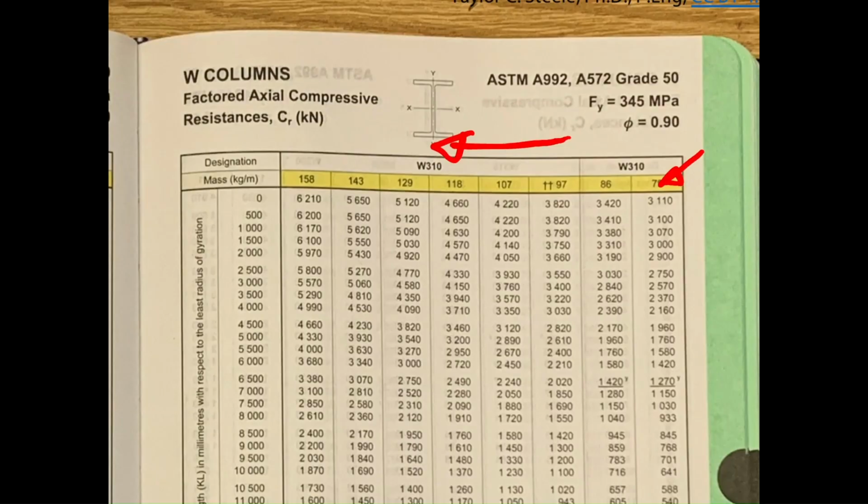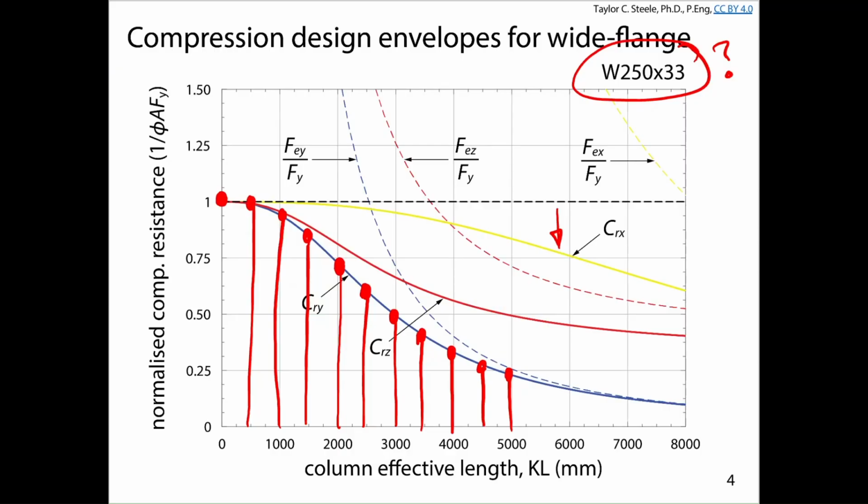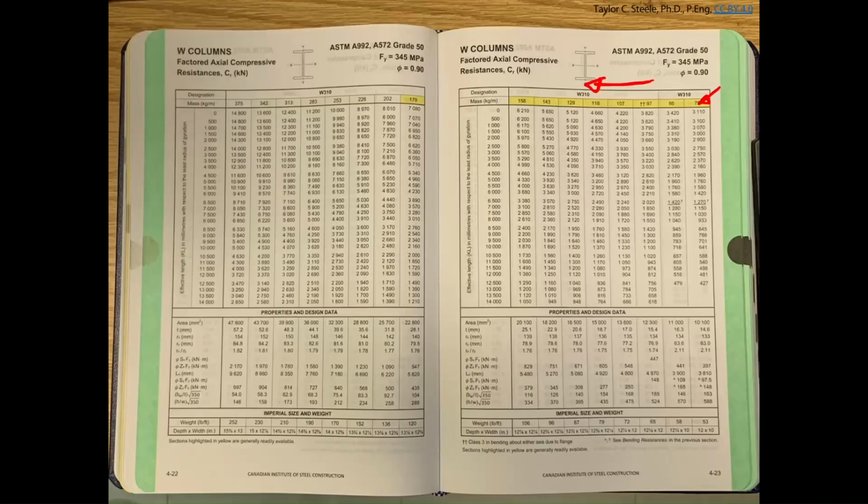And that's reasonable because for our simple buildings, as we had said before, it's always going to be the weak axis buckling mode that will govern the strength for the same effective length. So that's helpful for our simple compression members, and 95% of the time we're using simple compression members. But there's also from time to time a situation where we might end up looking at the strong axis.